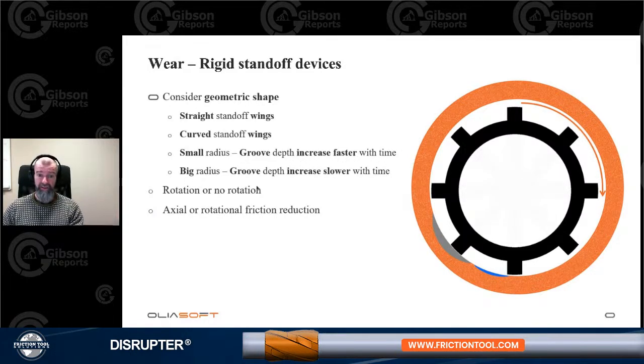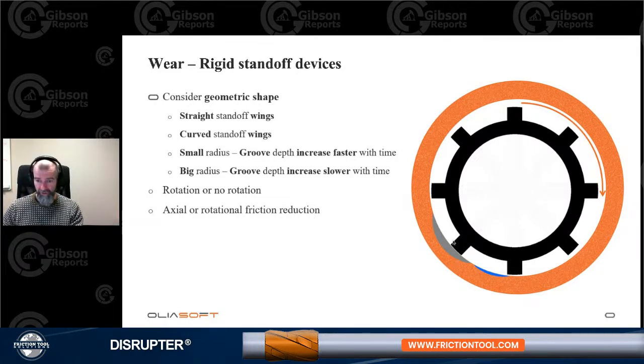And if they have a big radius, the groove depth will increase slower with time, if you take into consideration that they are calculated with the same side force and the same move length. So are we doing it with rotation or without rotation? And is there rotational friction reduction in question here?